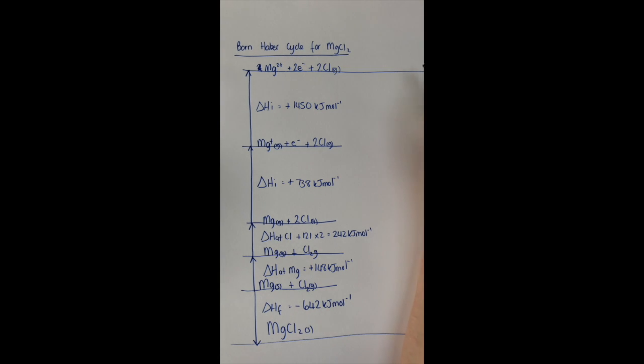Okay, so our next stage from here is to convert those 2 chlorine atoms into chloride ions, and this term is the electron affinity. And what we're going to have formed from that is our magnesium ion, and they're going to gain those electrons to form those 2 chloride ions.